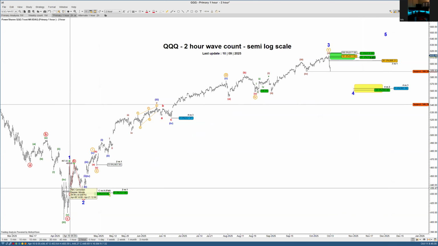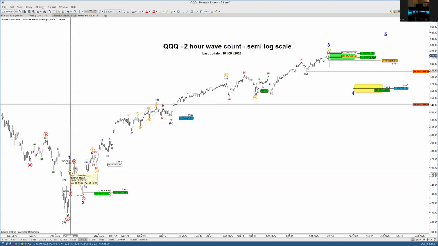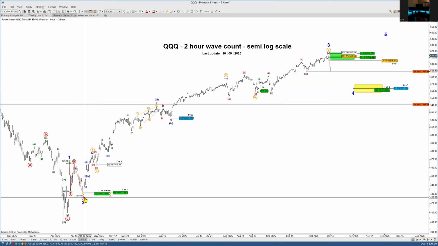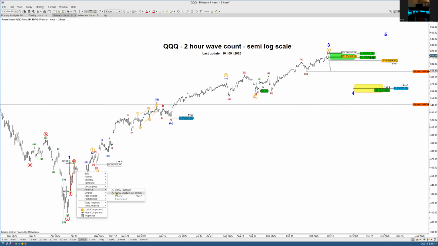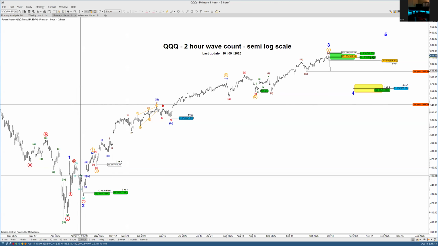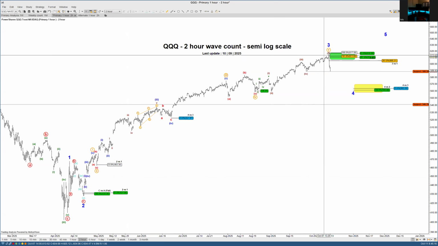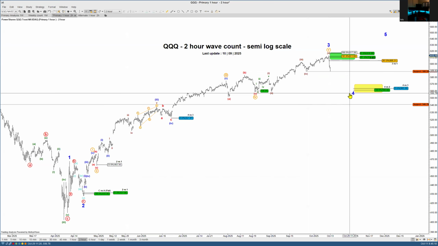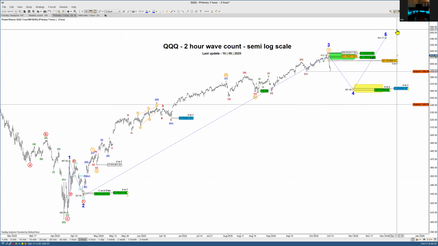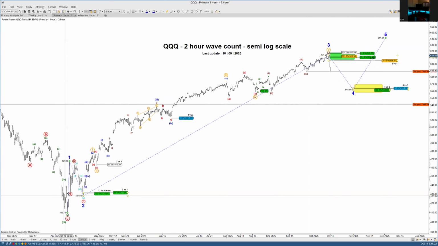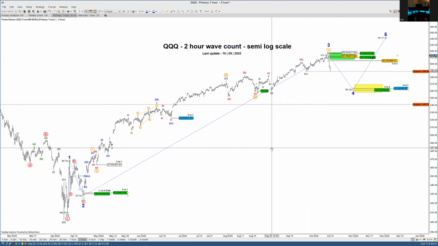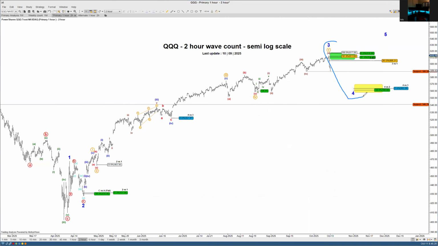If you look at it this way, the second wave was a flat, right? So you can't expect 2, 3 sessions down here and then go back up against this kind of a move. Because this fourth wave right here, we're trying to compare with this one because these are the counter trend moves.